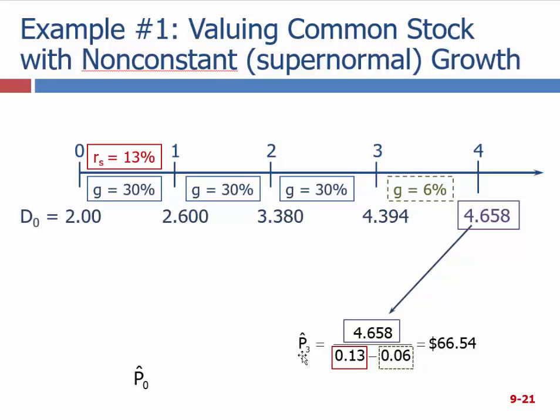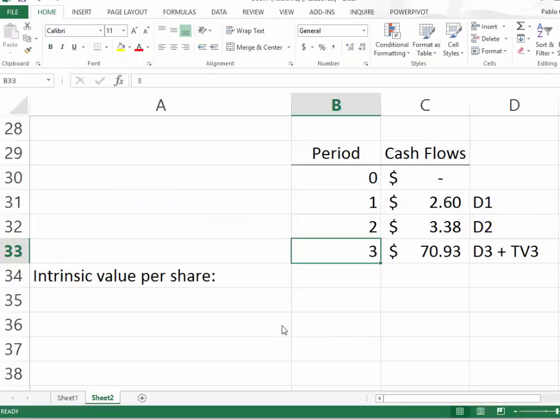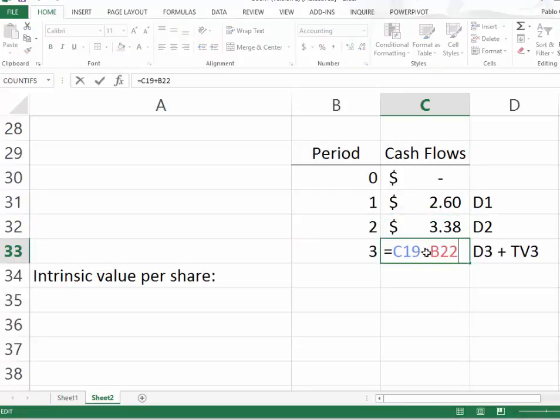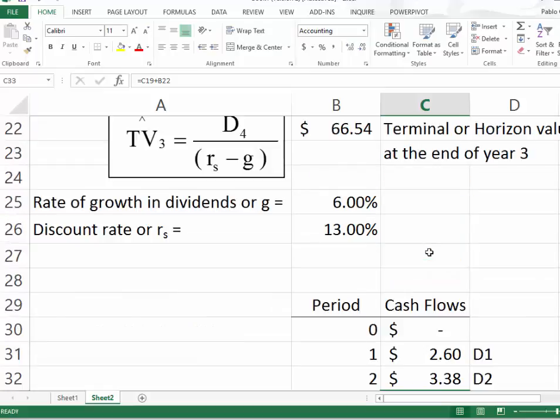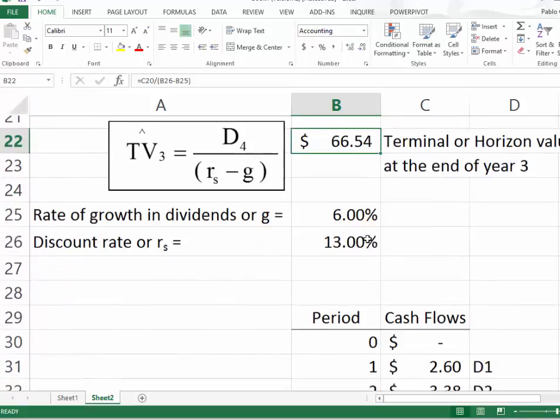Since they are both expressed in the same time period, both in year 3, we can add them, and that's what I did in the Excel file. So we just do cash flow 1, dividend 2, and the addition of dividend 3 plus the intrinsic value we just found over here, the 66.54.